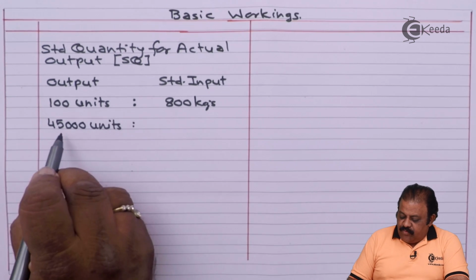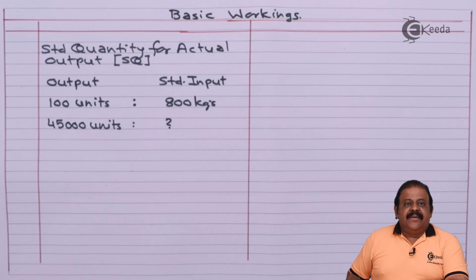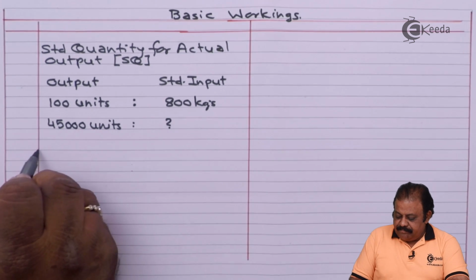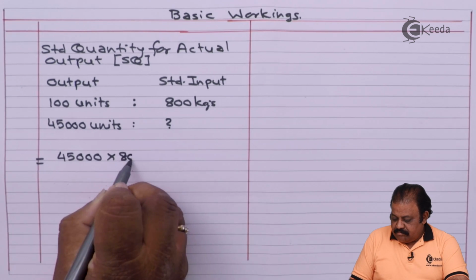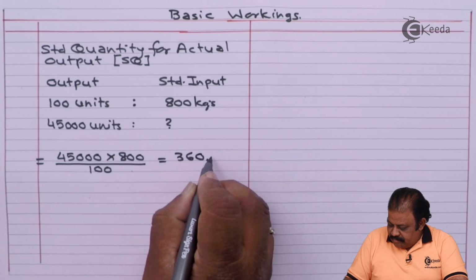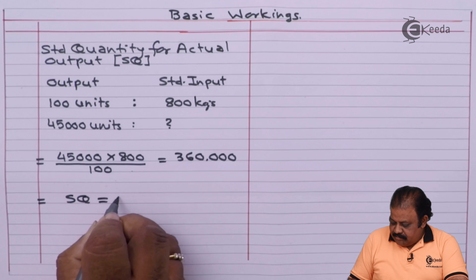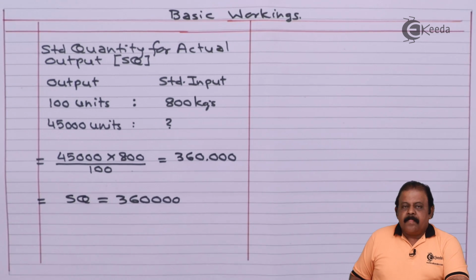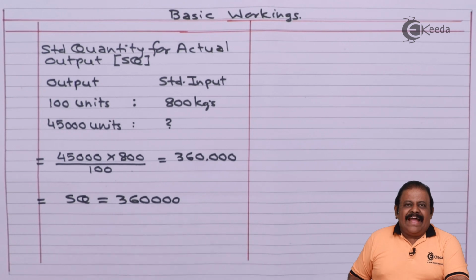Actual output is 45,000 units. How much is this standard input? 3,60,000 kgs is the standard quantity for actual output.